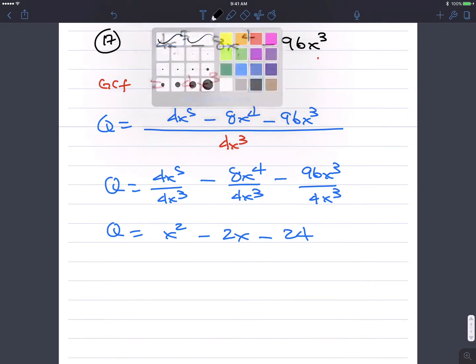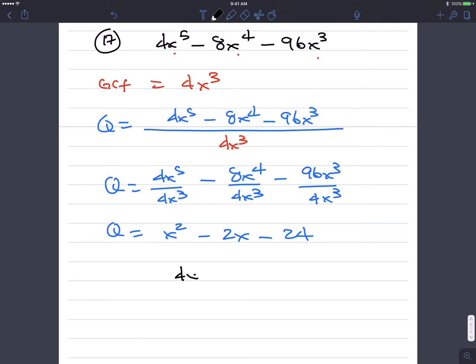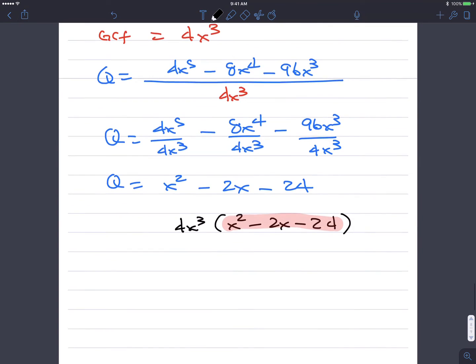So we write this GCF, 4x cubed. Quotient, x squared minus 2x minus 24. Factor the quotient. Okay. You guys okay with this one? Let's factor the quotient. What do you get?